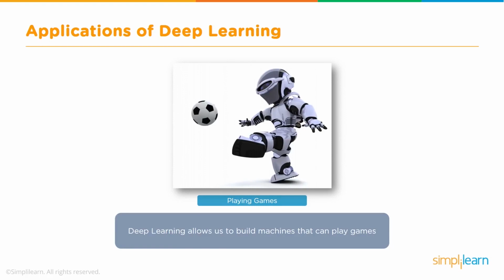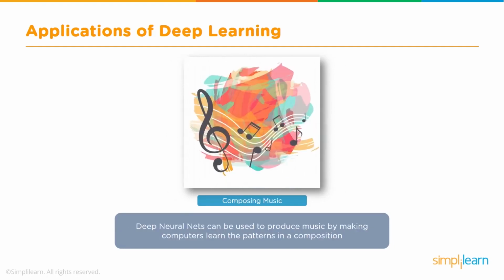So gaming is an area in which deep learning is being used extensively, and we see a lot of research happening in the area of gaming as well. In addition to that, nowadays there are neural networks known as generative adversarial networks, which can be used for synthesizing either images or music or text, etc. These can be used to compose music. That is, a neural network can be trained to compose a certain kind of music.